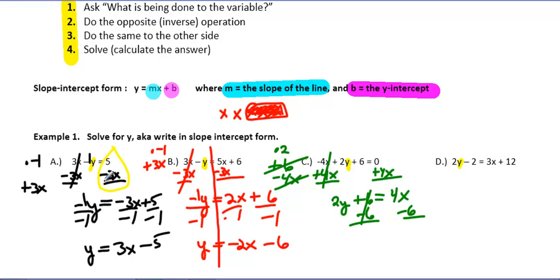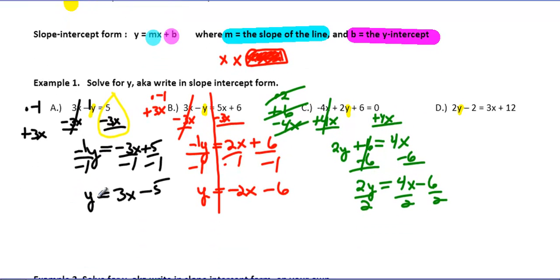Positive 6, negative 6 is 0. 4x and negative 6 are not like terms, so I'm going to write 4x minus 6. Now I have to get rid of the 2. Divide by 2, divide by 2, divide by 2. Y equals 2x minus 3. Once again, try to keep that as straight a line as you can as you do this.